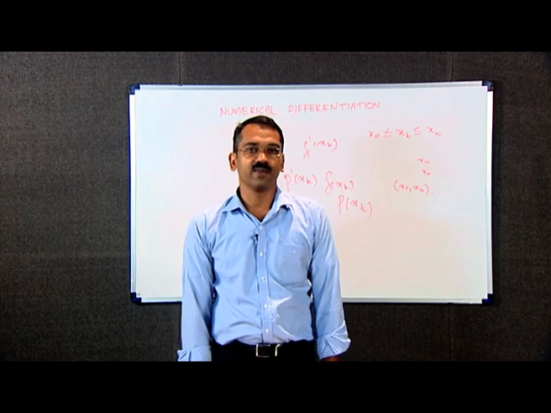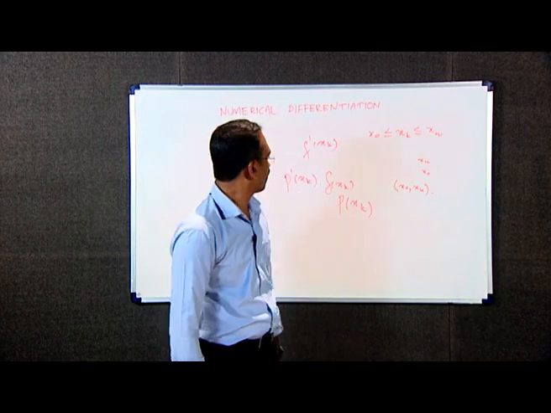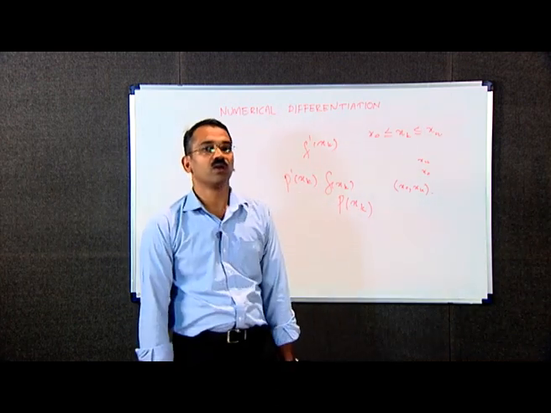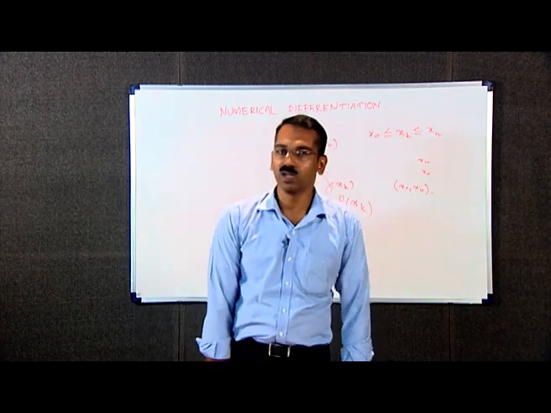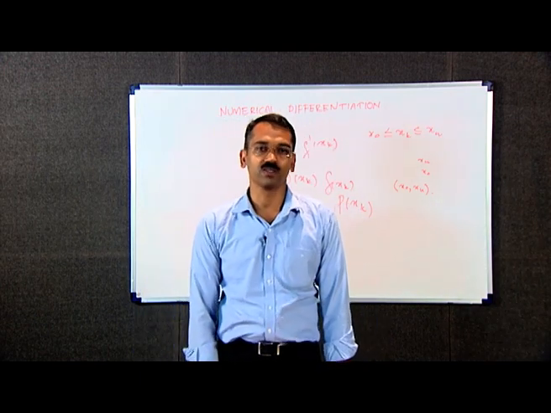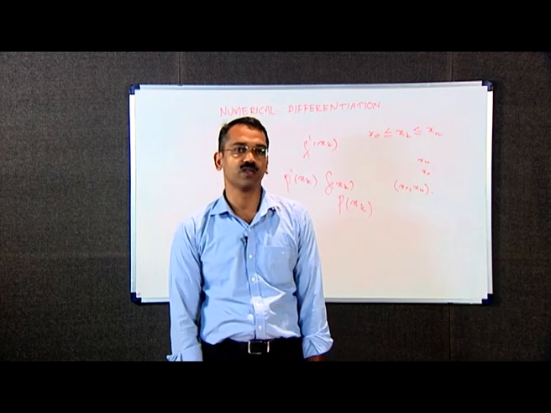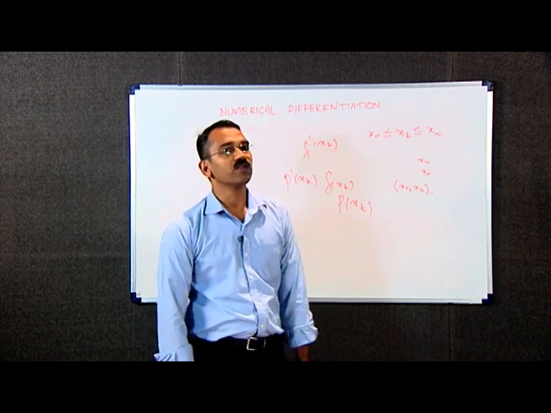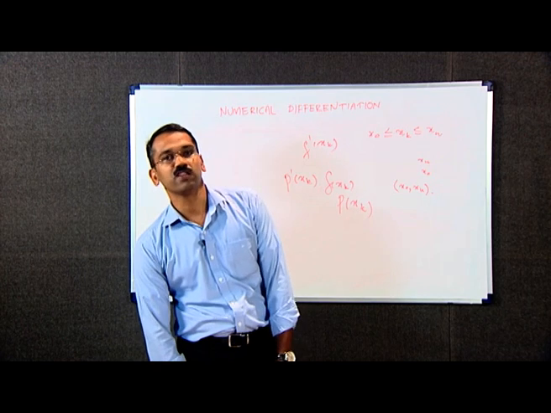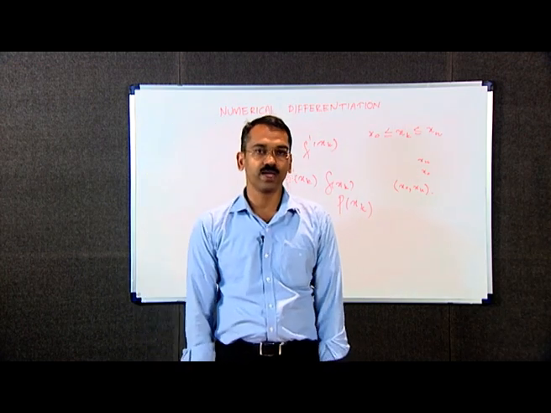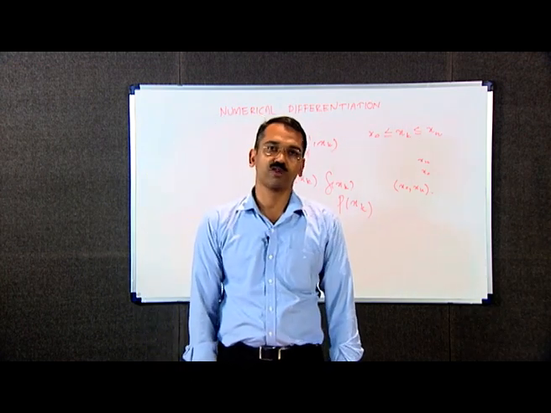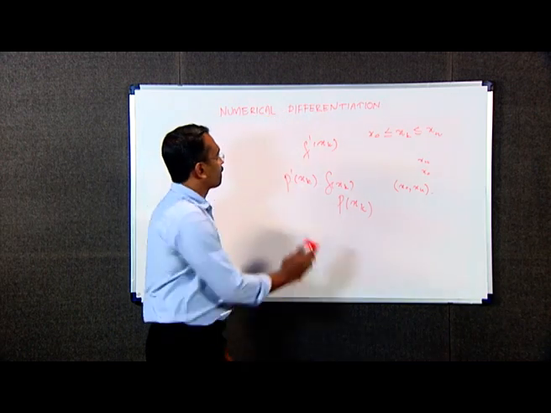P dash of xk can be assumed to be a good approximation of f dash of xk only if the differences of f of x of some order are equal. Here we shall discuss the values of derivatives of y based on Newton's forward interpolation formula.